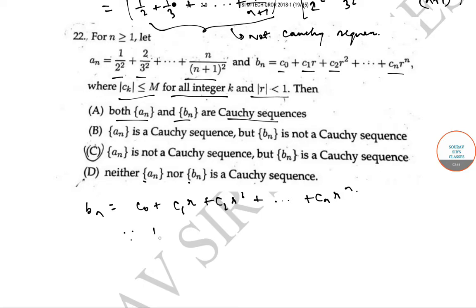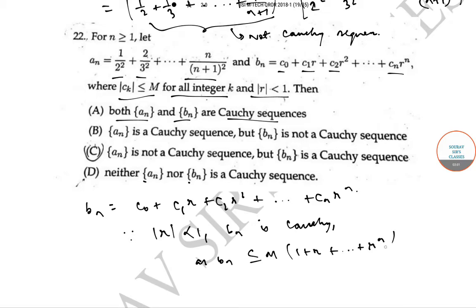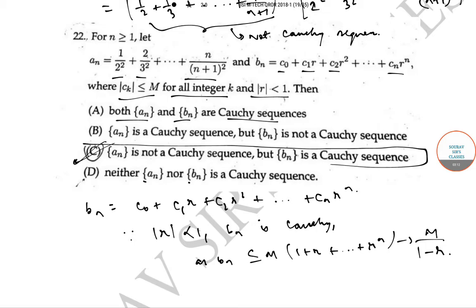Now since mod r is less than 1, b_n is Cauchy as b_n is less than or equal to M times (1 plus r plus up to r to the power n), which tends to M by 1 minus r. So option C is the correct answer. That is, a_n is not a Cauchy sequence but b_n is a Cauchy sequence.